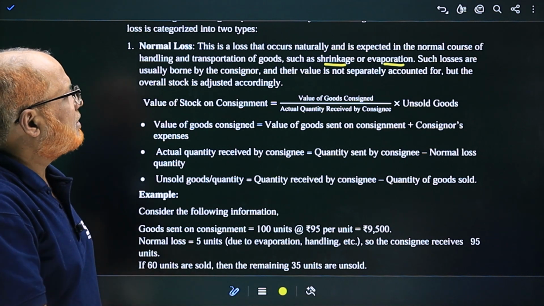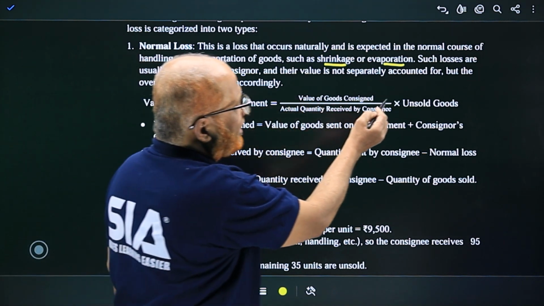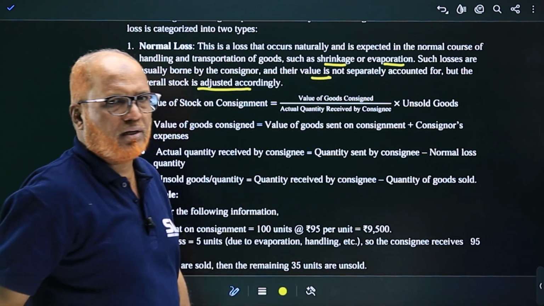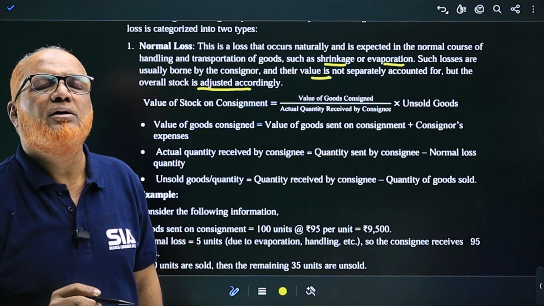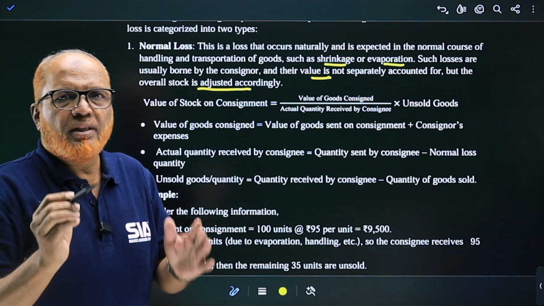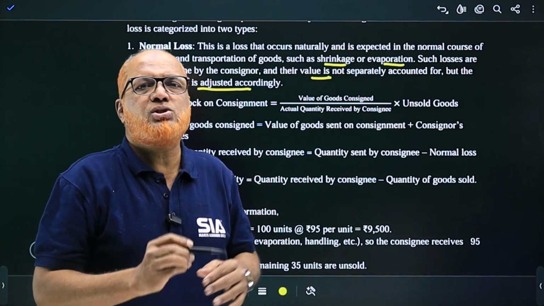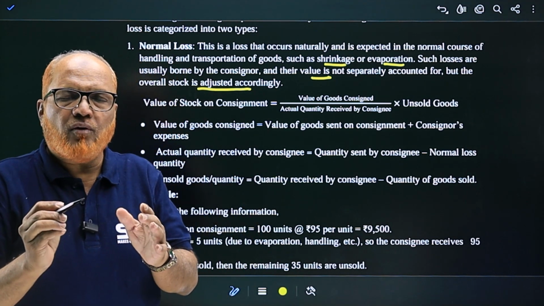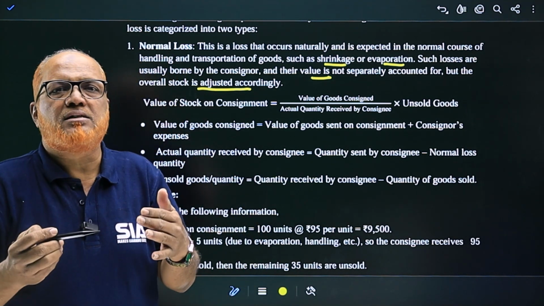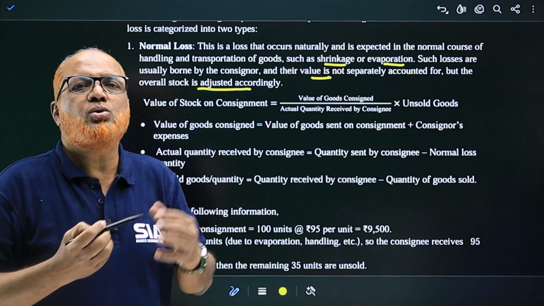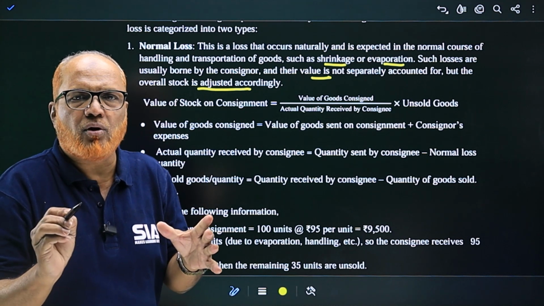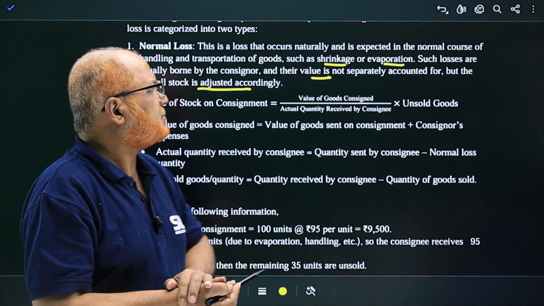Owner is the consignor, and their value is not separately accounted for, but overall stock is adjusted accordingly. One very important point to be remembered: the valuation of normal loss will not be calculated. The value of normal loss will be adjusted in calculating the unsold stock. That point you have to remember. Separate calculation for normal loss is not required.